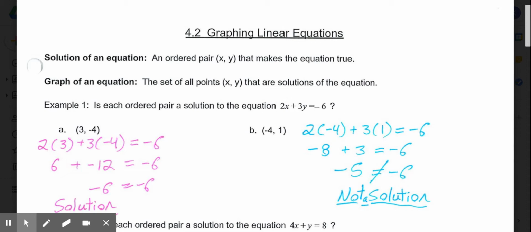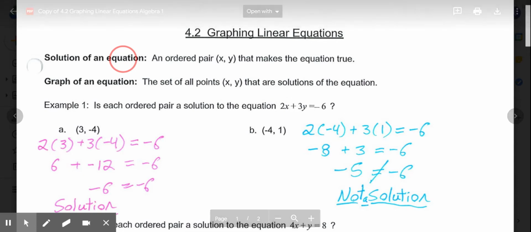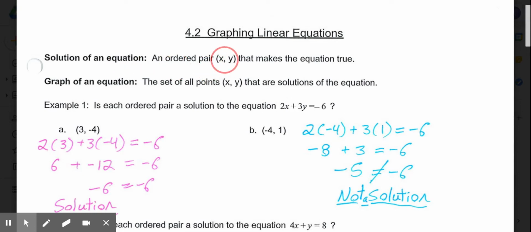these equations. So simply put, a solution of an equation is an ordered pair, meaning your x and y values or coordinates, that makes the equation true. So any ordered pair that makes the equation true is a solution.